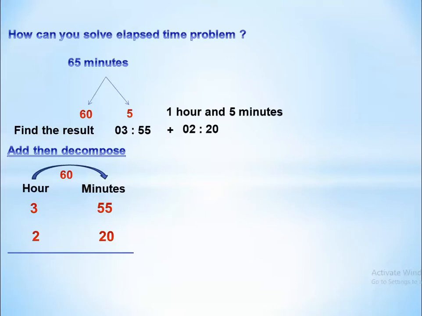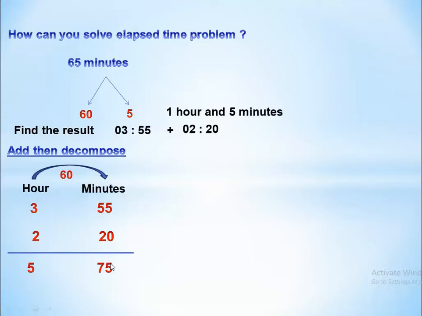Okay, we know that from hour to minutes we have 60 minutes. Let's add 55 plus 20 equals 75 and 3 plus 2 equals 5. Here we can't leave it like this because 75 is greater than 60.